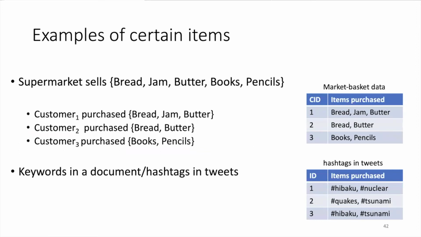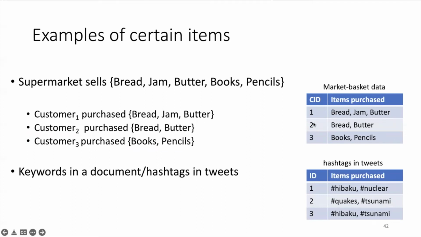An example of a certain item, the best example is supermarket sales data. For example, assume there are three customers: customer one, customer two, and customer three. If customer one has purchased bread, jam, and butter, we simply say it as bread, jam, and butter.